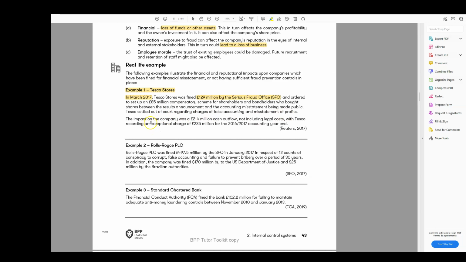The impact on the company was 214 million cash outflow. So because of that, they eventually lose 214 million cash, not including legal cost, with Tesco recording an exceptional charge 235 million for 2016-17 accounting year. So on that year, the Tesco recorded on the financial statement exceptional charge 235 million.